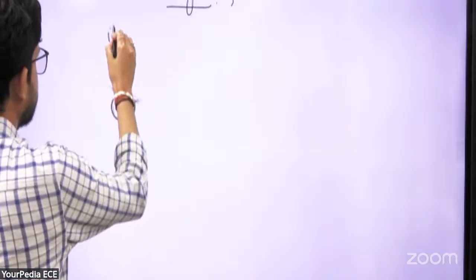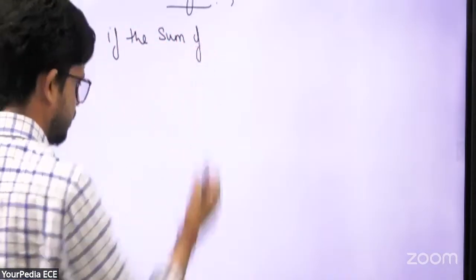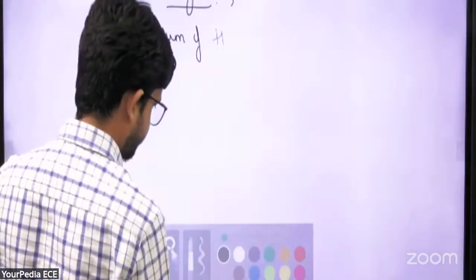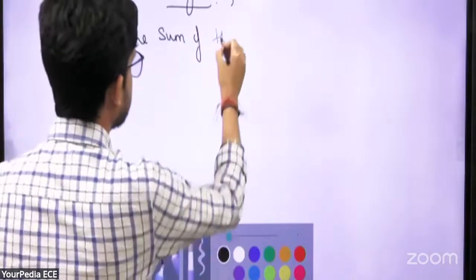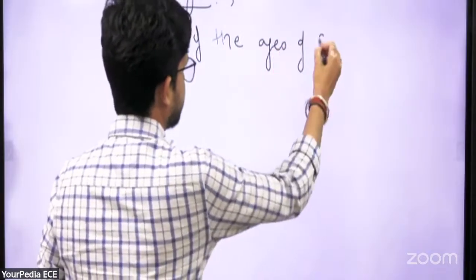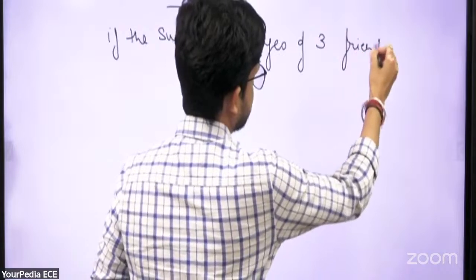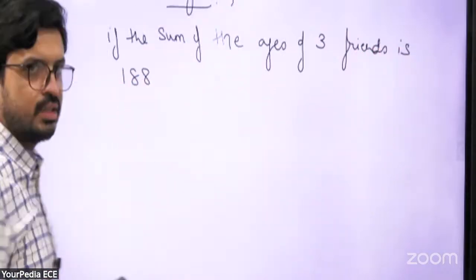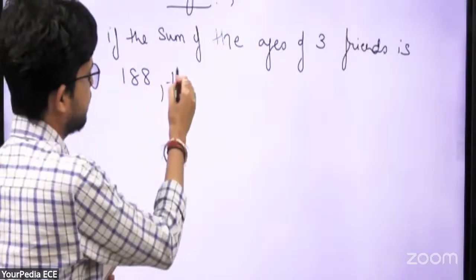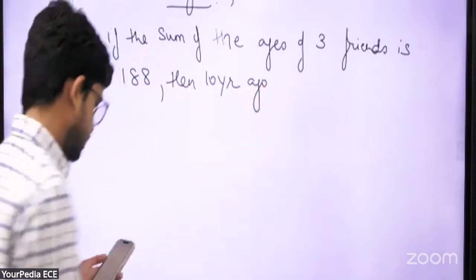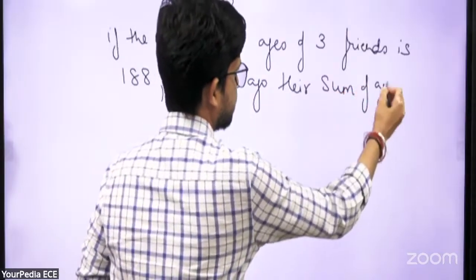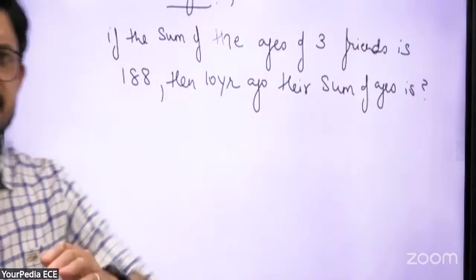The question says that if the sum of the ages of three friends is 188, what will be the sum of their ages 10 years ago?